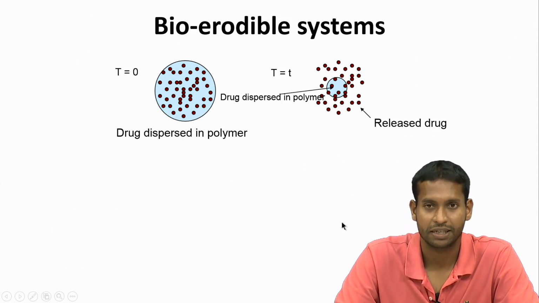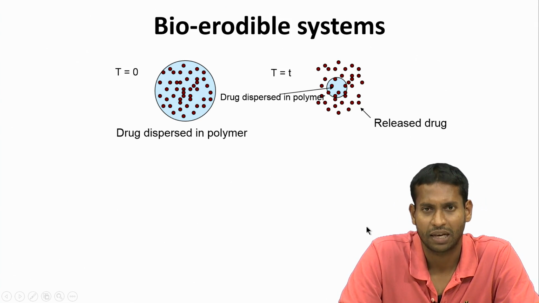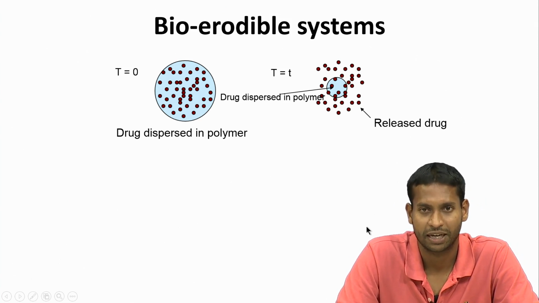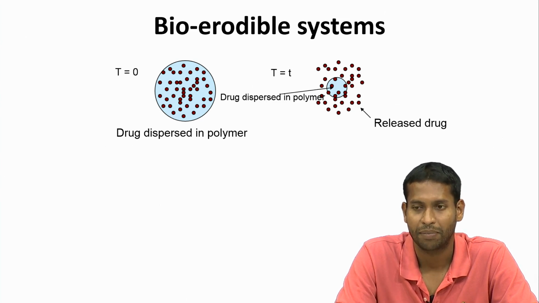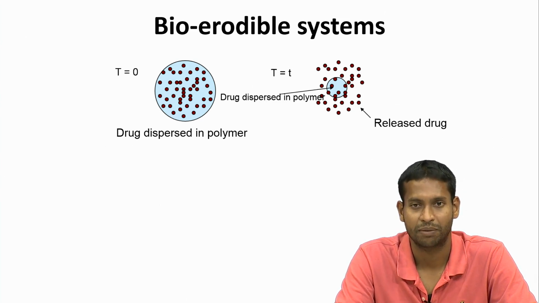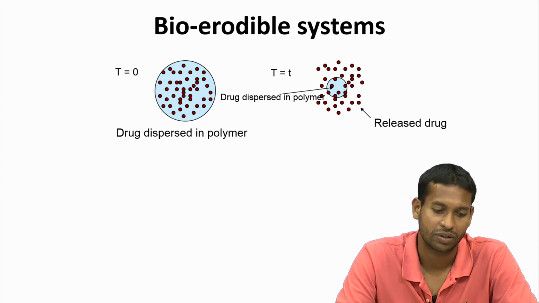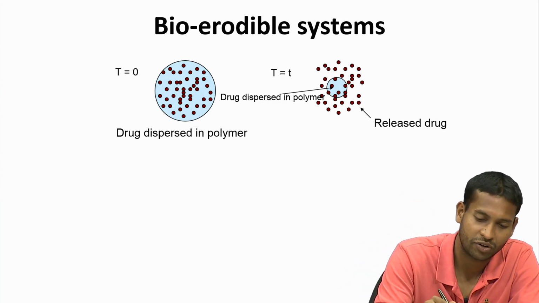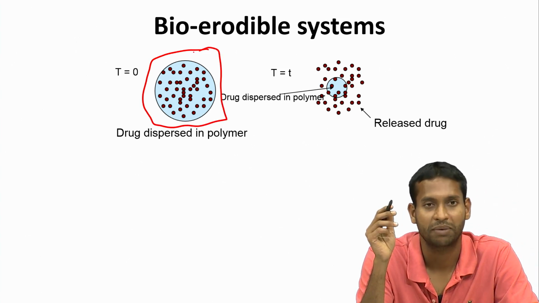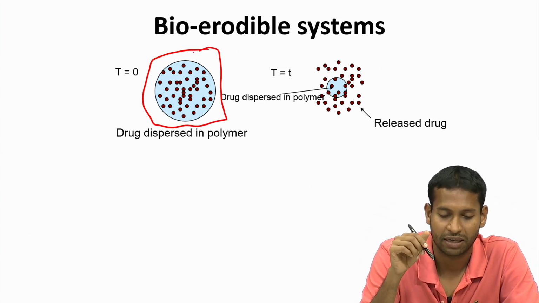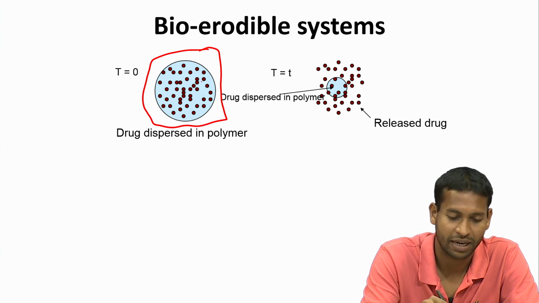Okay, so the next system we are going to talk about is bioerodible. Like non-erodible systems, these are matrix type systems, very similar in terms of the initial synthesis and drug loading, but the release mechanism is very different. In this case, like the non-erodible system, the drug is loaded into a polymeric matrix. However, this drug cannot diffuse out.